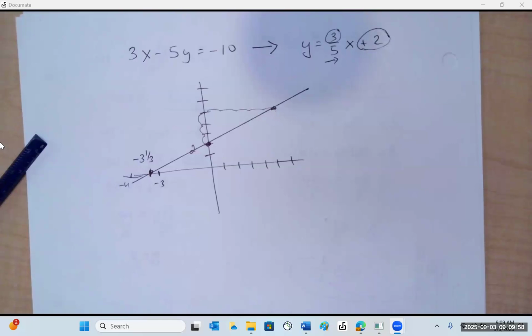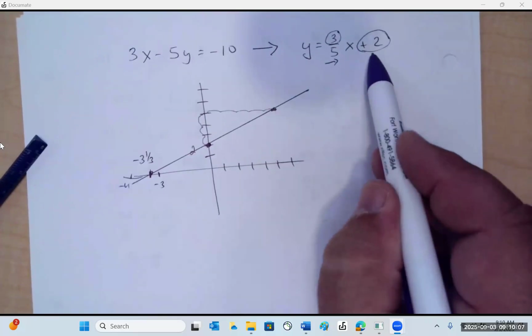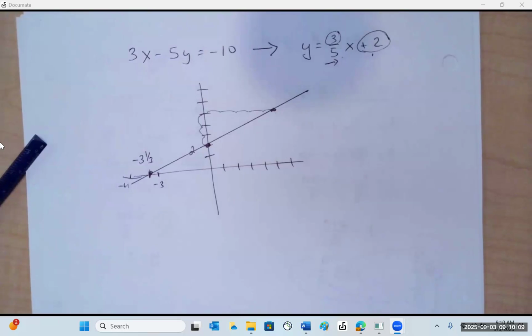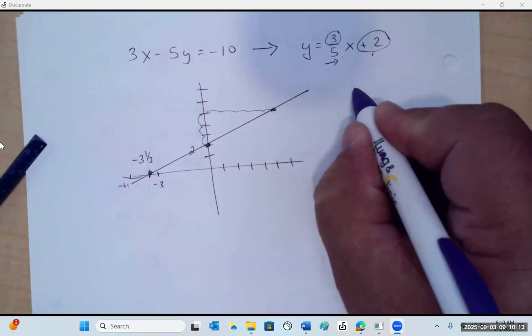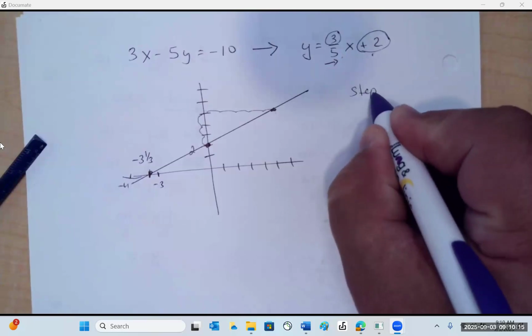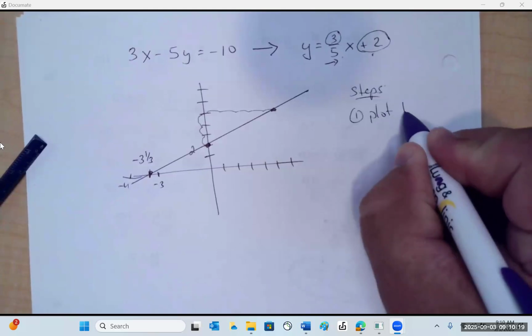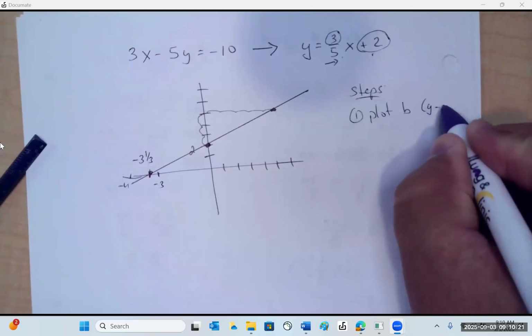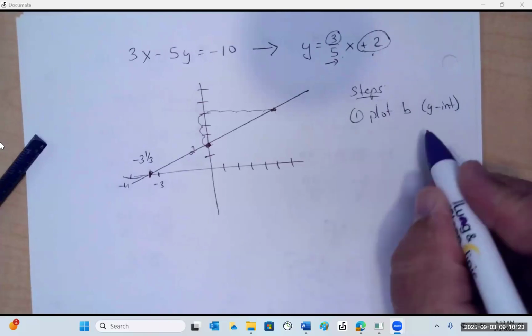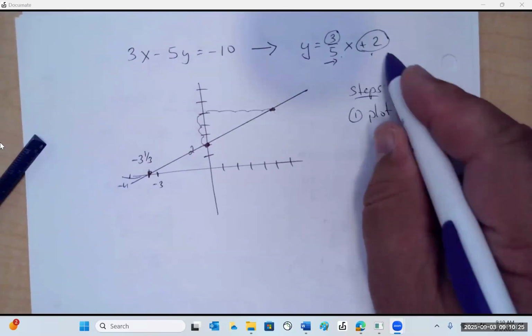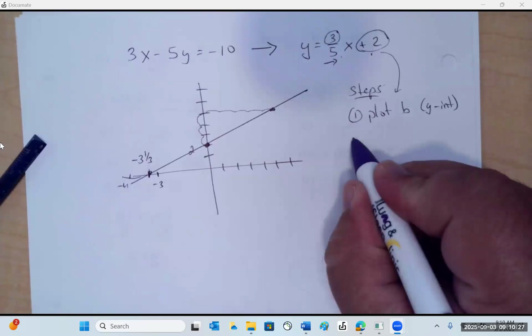So if the intercept method doesn't work for graphing, solve it for y and then plot the y-intercept first and follow the slope. So first step is plot B, which is the y-intercept.